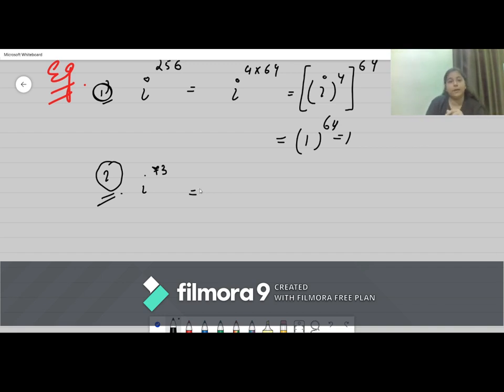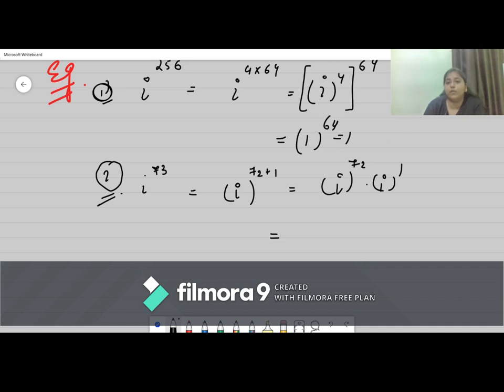No. But we know 72 is divisible by 4. So, we can write this as iota to the power 72 plus 1. What this can be written as? Iota to the power 72 into iota to the power 1.